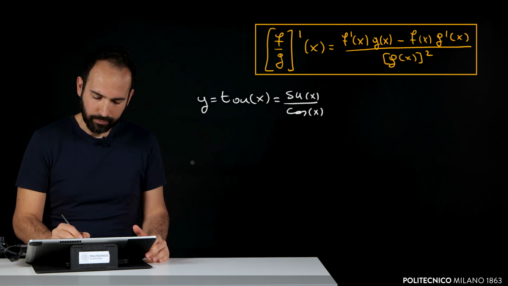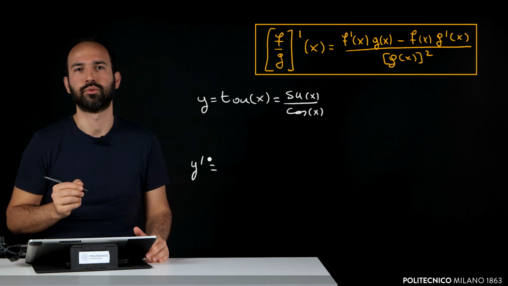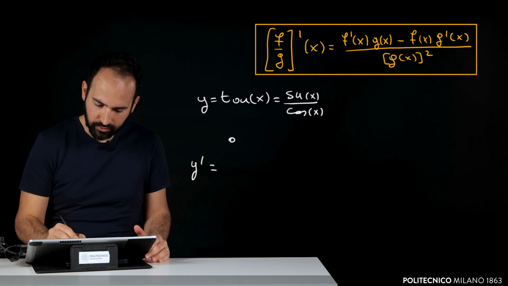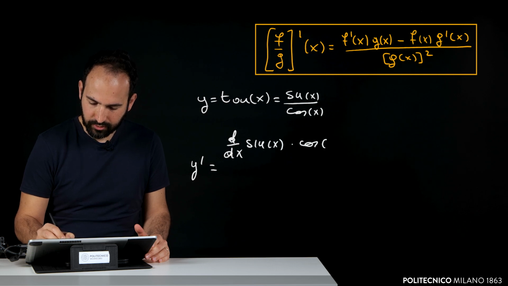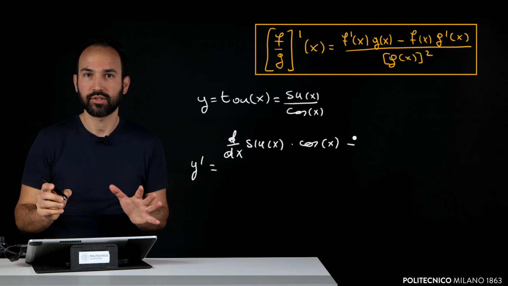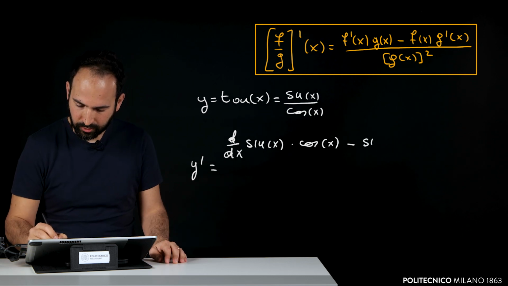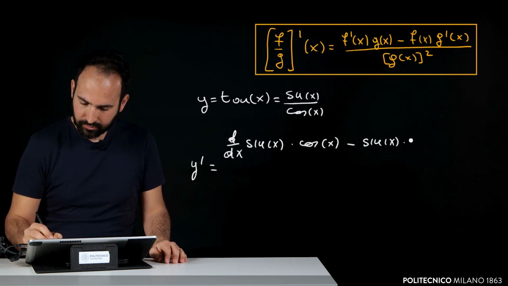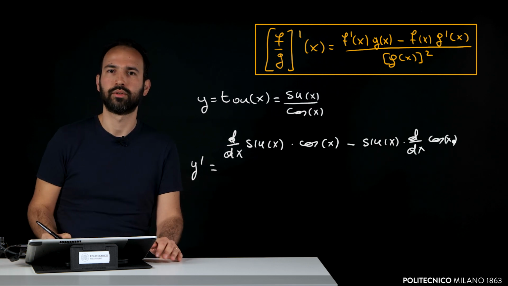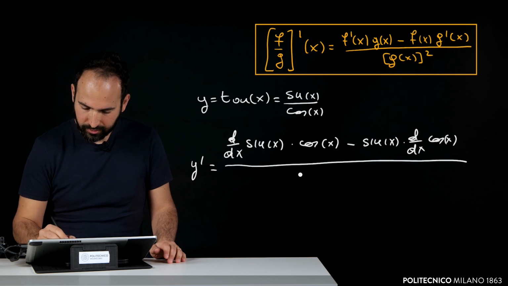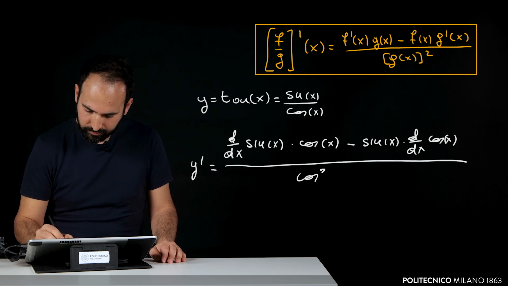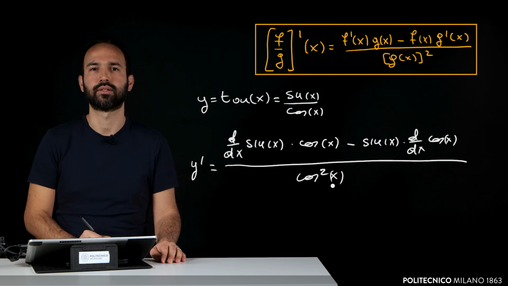Accordingly, the derivative y prime is given by this rule: the derivative of the numerator, that is sine of x, times cosine of x, minus the numerator, sine of x, times the derivative of cosine, the denominator, must be divided by the square of cosine of x.